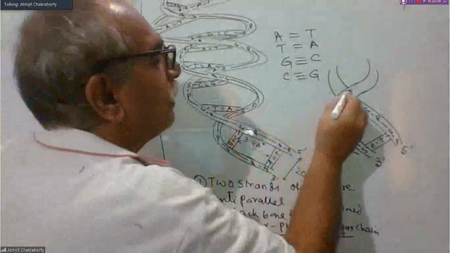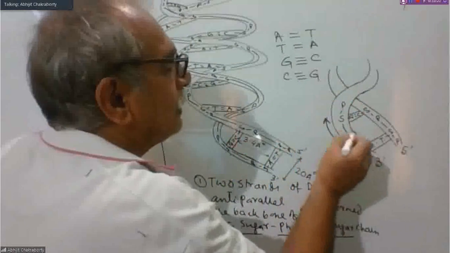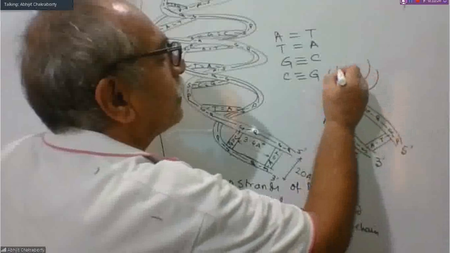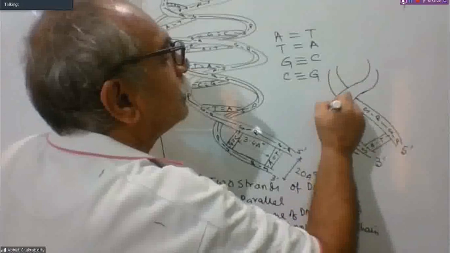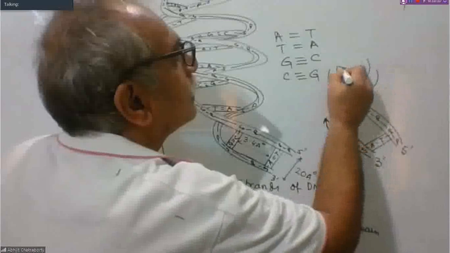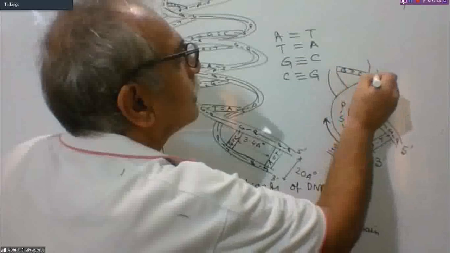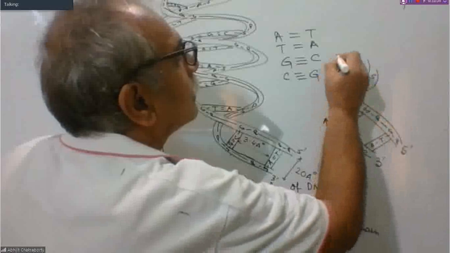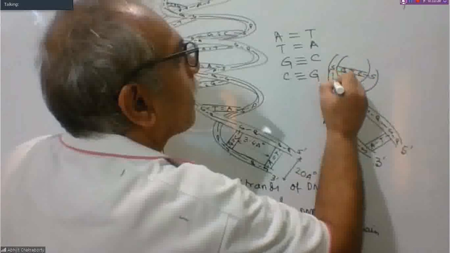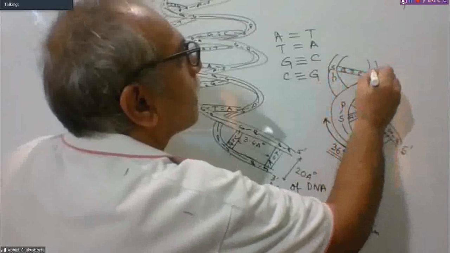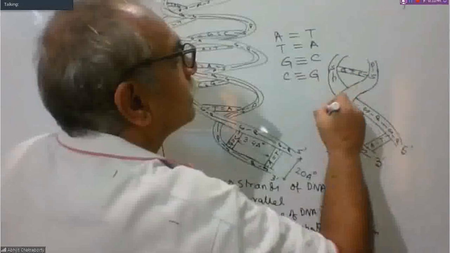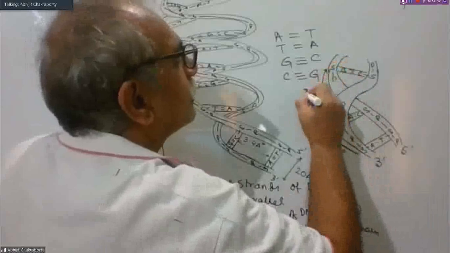If you calculate, and they are equidistant, then calculate again and you will get another one. Suppose from here to here, again the angle is 36 degrees.